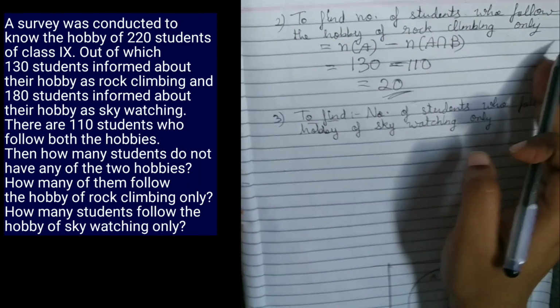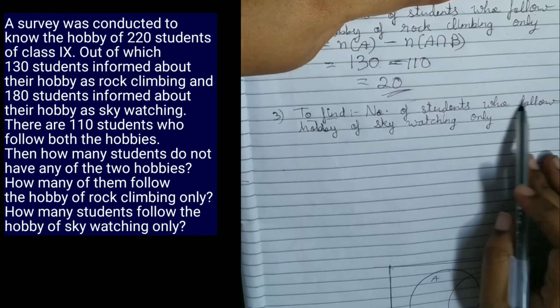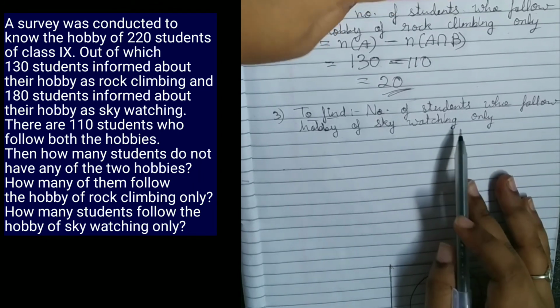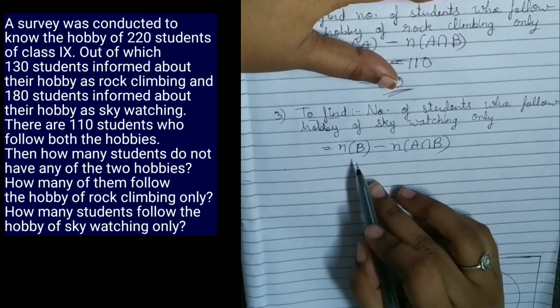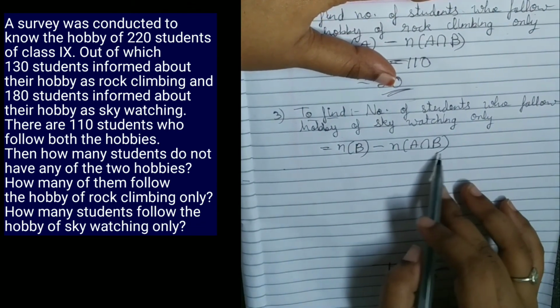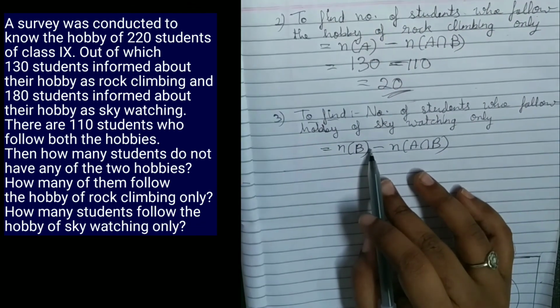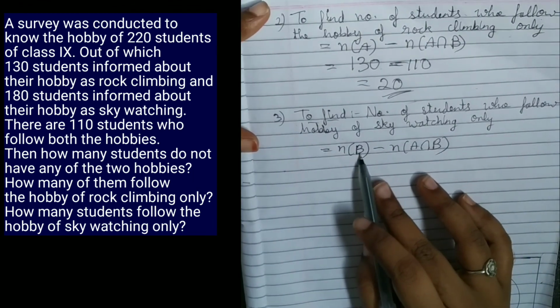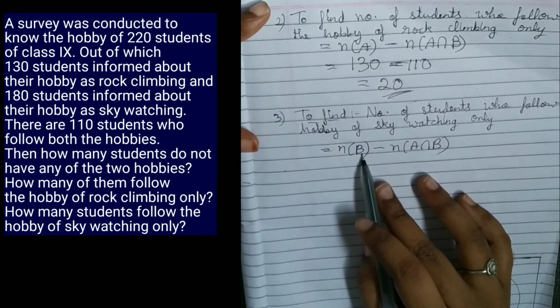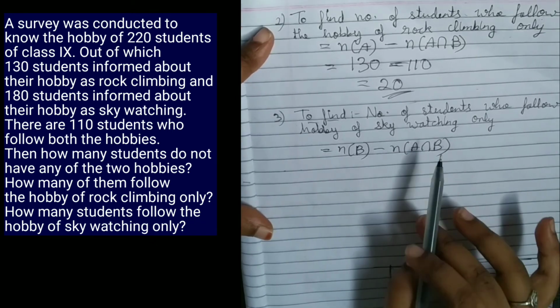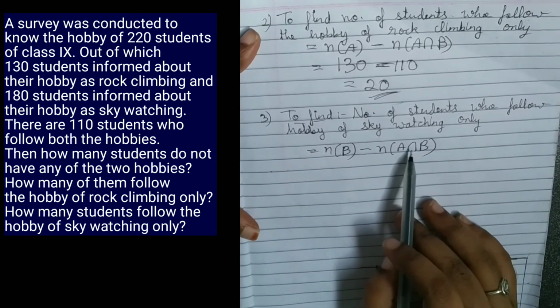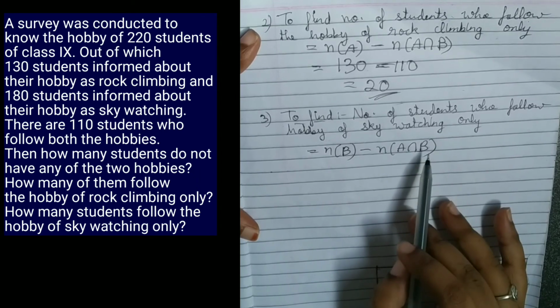Now in the same way, see the second one. Find the number of students who have the hobby of sky watching only. Now what will we do? We will subtract the intersection from the elements of set B. Set B means the number of students who have the hobby of sky watching. From that we will subtract the elements of A intersection B, means the students who follow both hobbies.